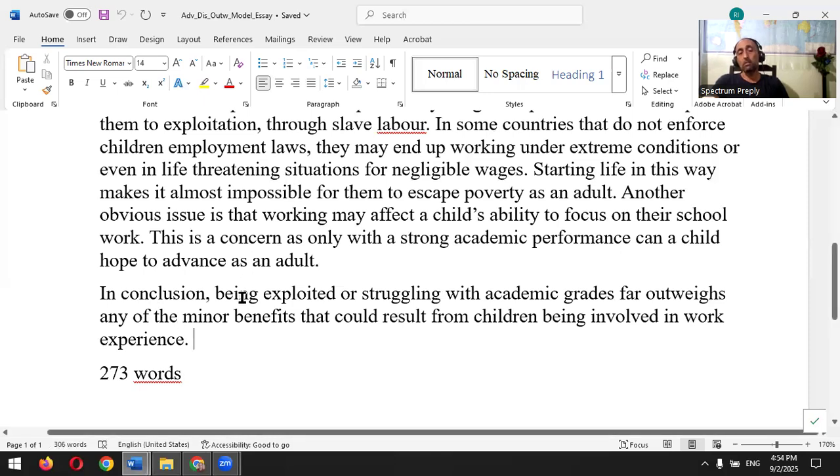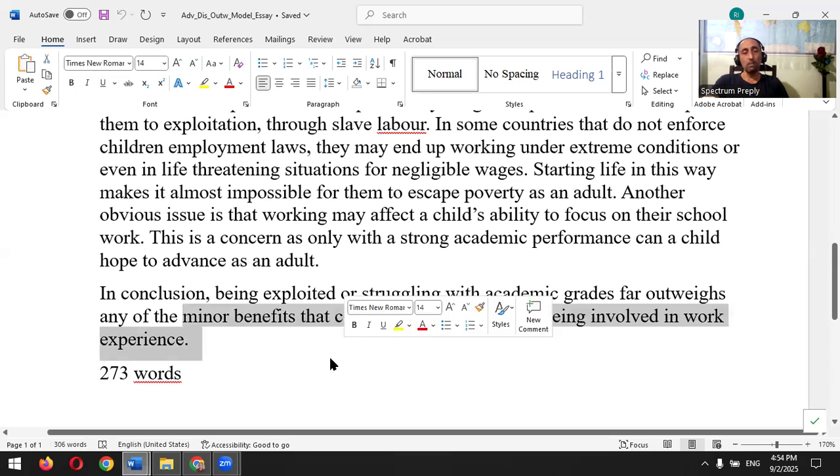As the writer supports the disadvantages by saying they are more significant, you can see that here you can directly restate the disadvantages: being exploited or struggling with academic grades, like academically, or just being exploited by others. Disadvantages have been given first, of course, but there's only a referral to the advantages. The advantages are not directly shown here, only "the minor benefits," but which benefits are not indicated here.